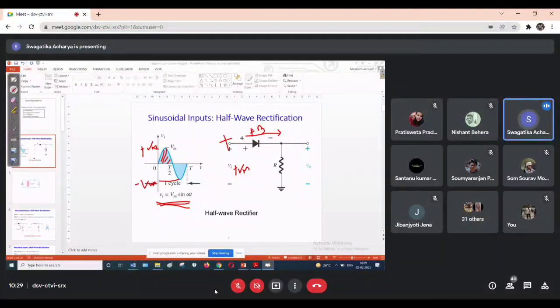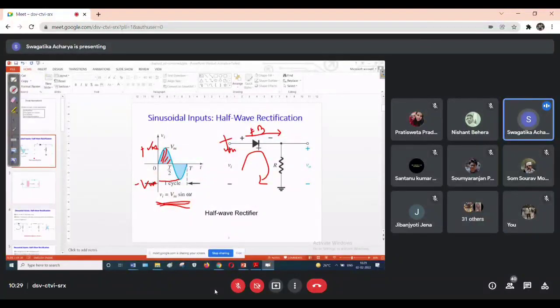If you go for the KVL analysis, what will be the KVL equation? You will check like this. It will be Vi minus IR equals 0, because the diode is giving nothing; it only gives direction in forward biasing. If we take the approximate or equivalent model of the diode, can you recall it?